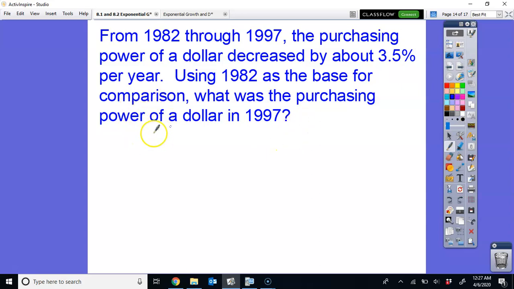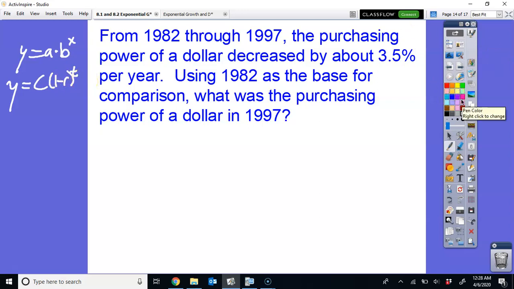So again, notice this is just like the exponential growth. The difference here being you have the beginning amount and 1 minus the rate raised to the time, or the beginning amount times the decay factor raised to the x power. Like I said, the majority of the time, this 1 minus r is going to be a little bit easier for you to find that decay factor.